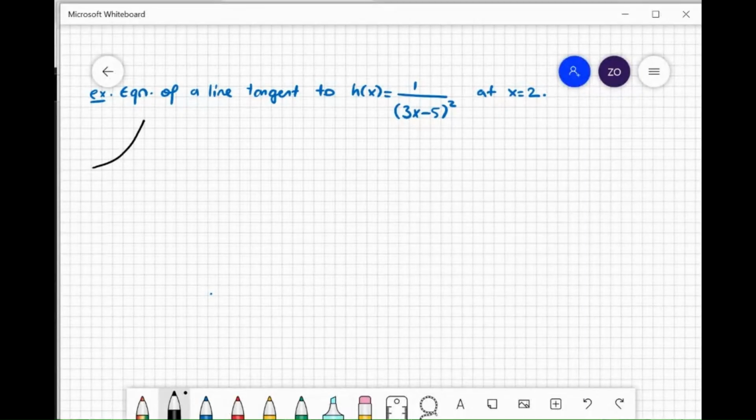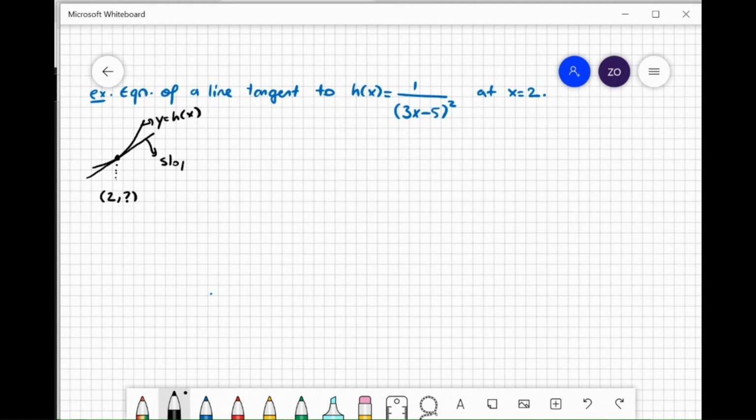So we have a function y equals h of x, and we are given a point. In this case, we are given that x equals 2, not given the y value. And we would like to find the equation of this line that is tangent at this point.